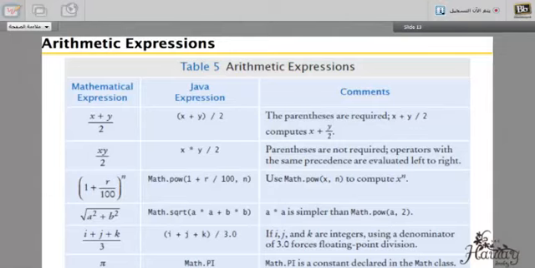Apart from the square root, which I haven't talked about. The square root is exactly the same idea as the power, but the syntax is different. It is Math with a capital M, dot sqrt, and then you have what's inside the bracket. Now have a look at this.